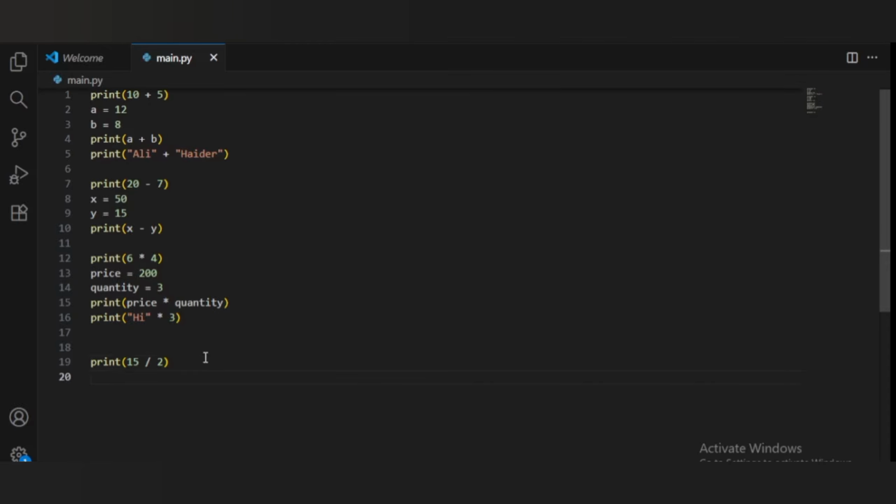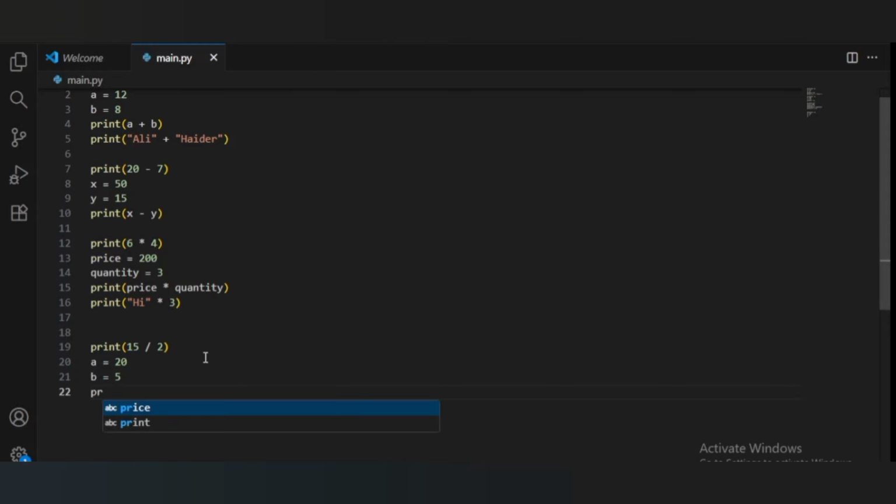The second example, a is equal to 20, b is equal to 5. For instance, if I print a divided by b, this is the second example of the division operator.